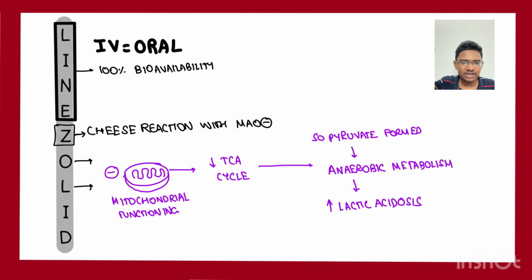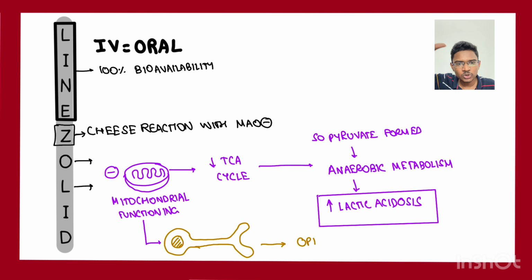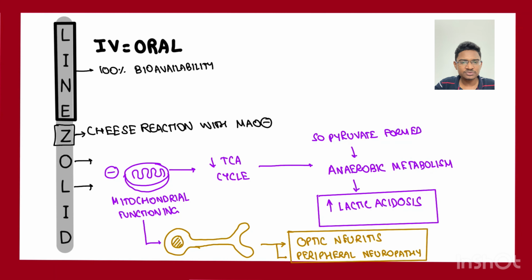So what will happen to pyruvate? It will be shifted to anaerobic metabolism and produce lactic acid, and this anaerobic metabolism will obviously produce fewer ATPs. So it can cause lactic acidosis by shifting this process to anaerobic metabolism. So the patient will have lactic acidosis.